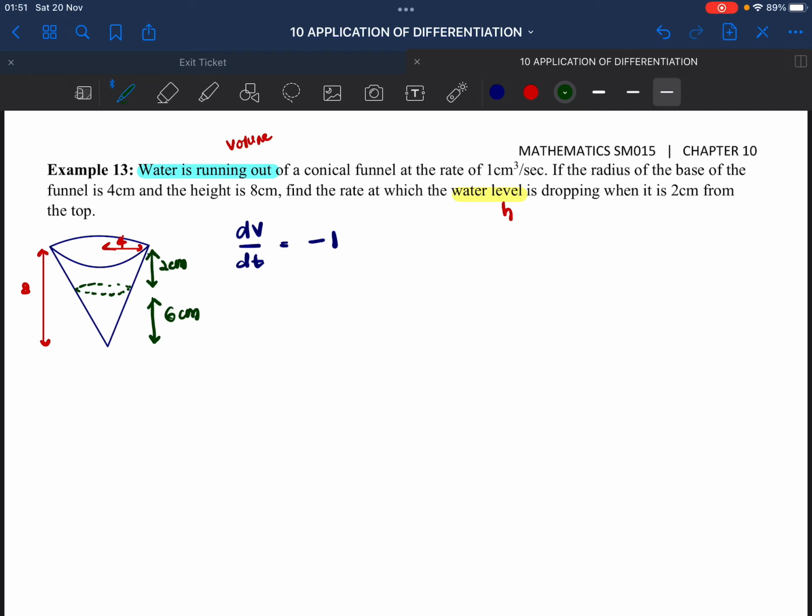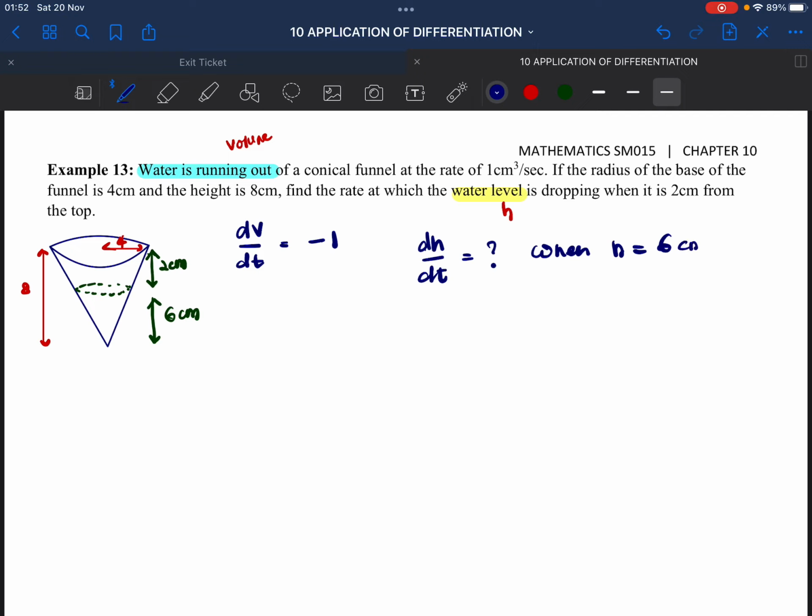So remember, the question said find the rate at which the water level. We want to find dh over dt when it is 2 centimeter from the top. So the height of the water is actually when h is equal to 6 centimeter.